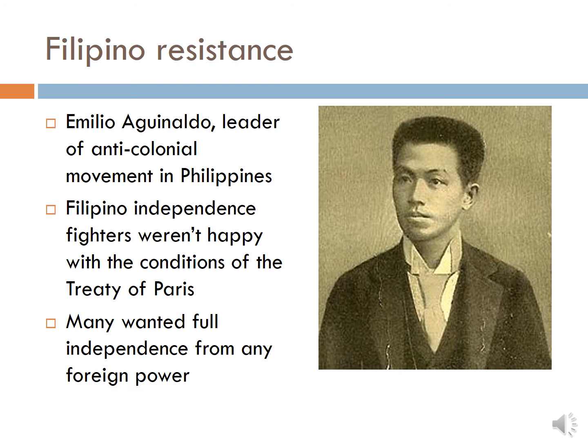And I've read documents that describe this moment where all of a sudden, Filipino fighters and American fighters that had been fighting side by side in the Spanish-American War begin to turn on each other. And there's this really uncomfortableness where the Filipinos begin to retreat out of Manila, and they're preparing basically to fight against the Americans.